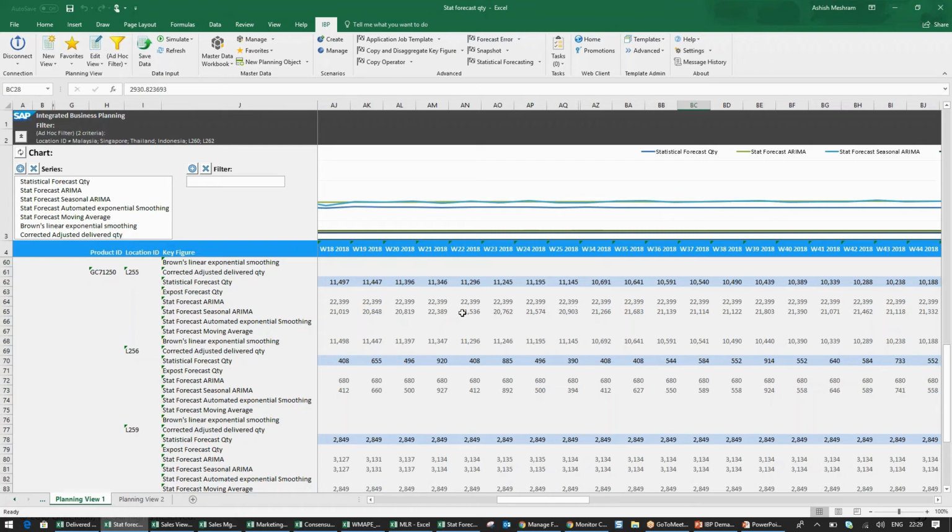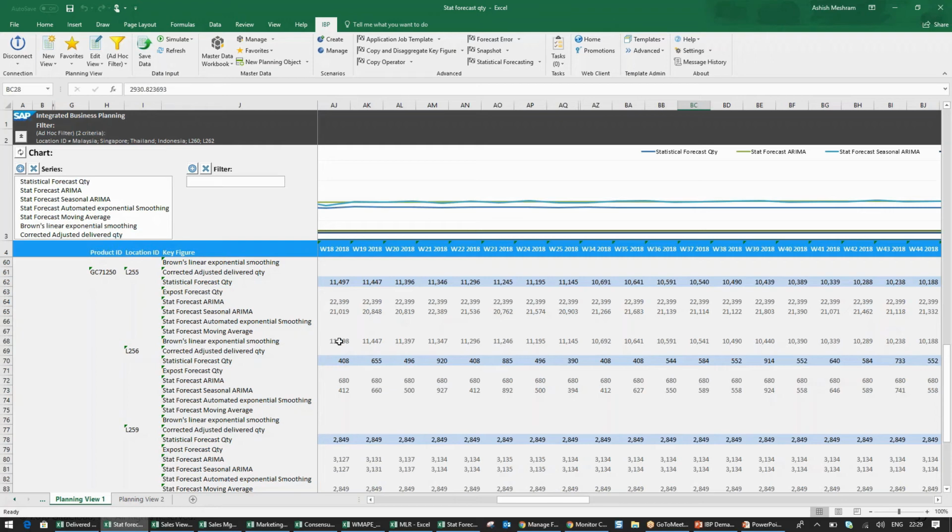I have populated all the interim key figures for the algorithms that I have selected, like for stat forecast ARIMA, for seasonal ARIMA, for automated exponential smoothing, simple moving average, and Brown's linear. And depending upon the historical data that we have for that particular product location combination, the most effective forecast model will be selected.